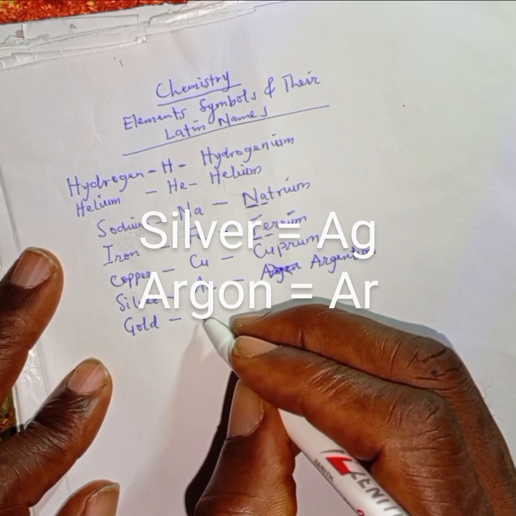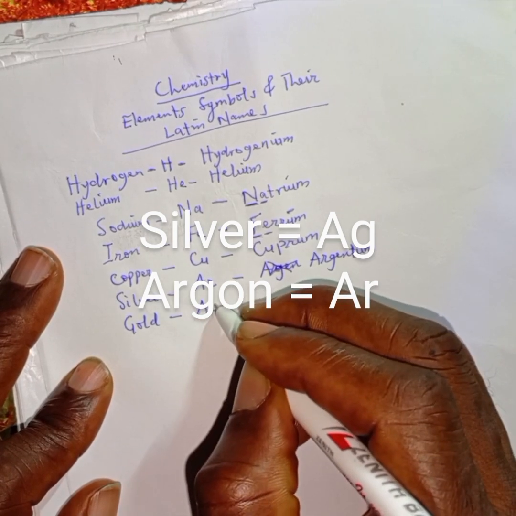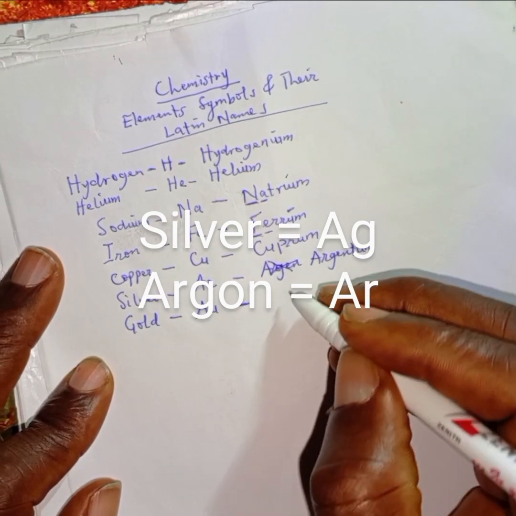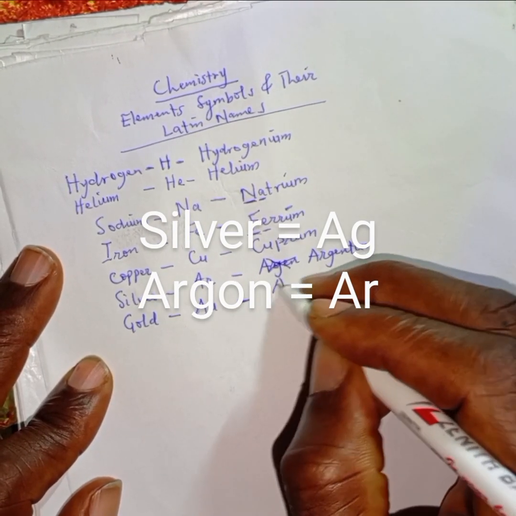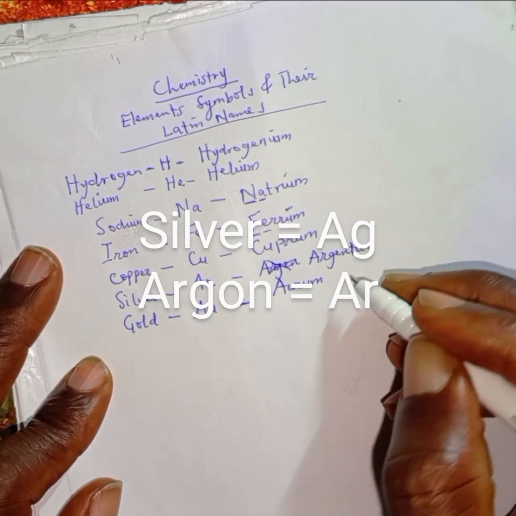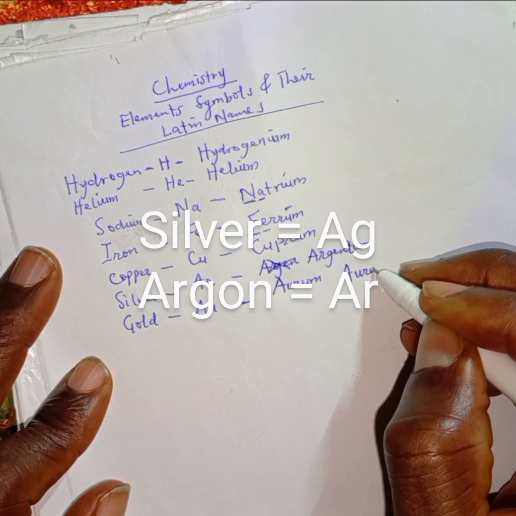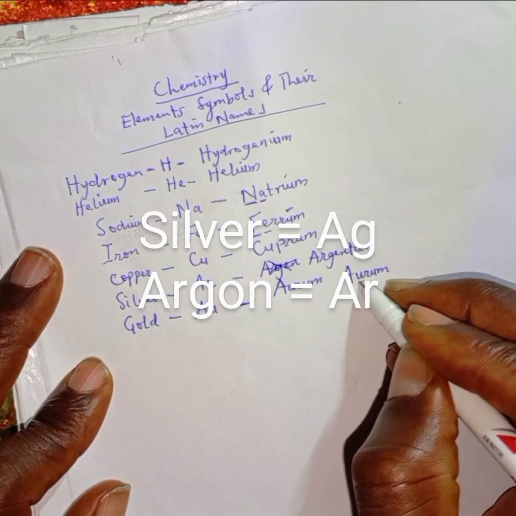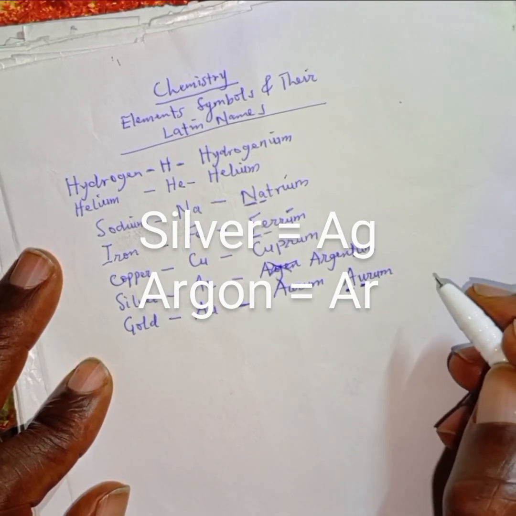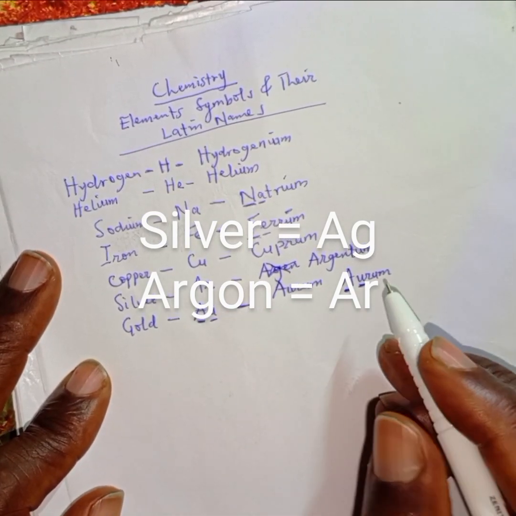The symbol is Au, and the Latin name is aurum. Capital letter A, small letter u for aurum, gold.